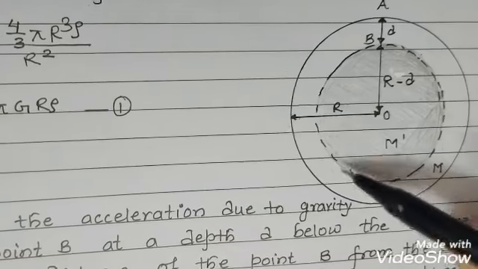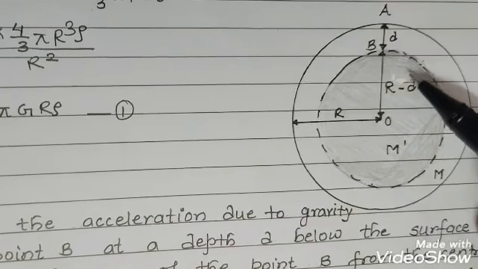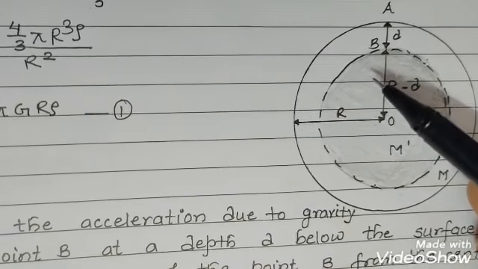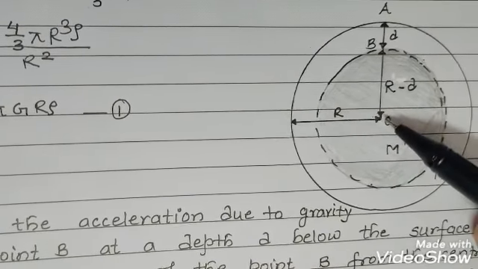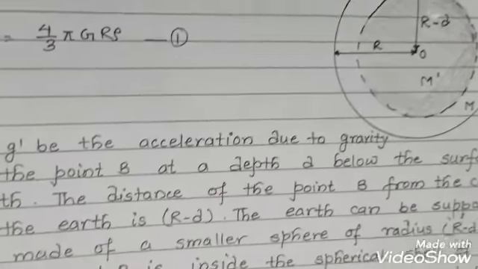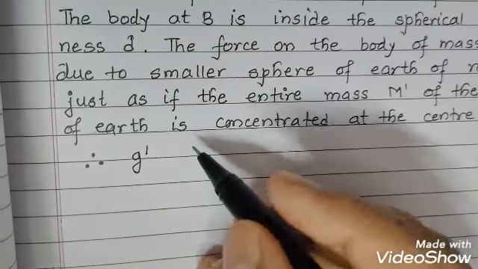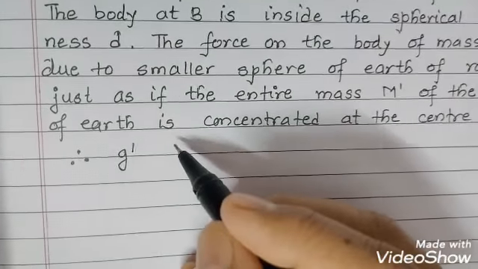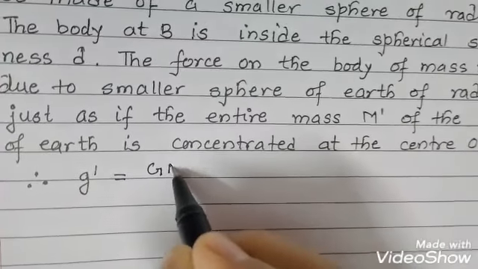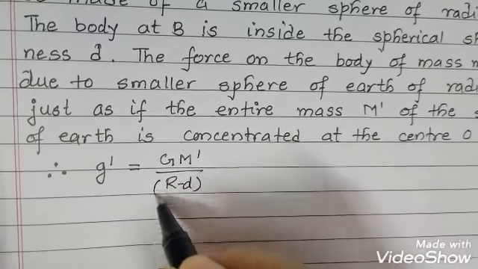The radius of this smaller sphere is r minus d, and it is just as if the entire mass m dash of this smaller sphere of earth is concentrated at the center O. So in that situation, g dash, the acceleration due to gravity at point B, which is d depth from the surface of the earth, is g m dash upon r minus d the whole square.